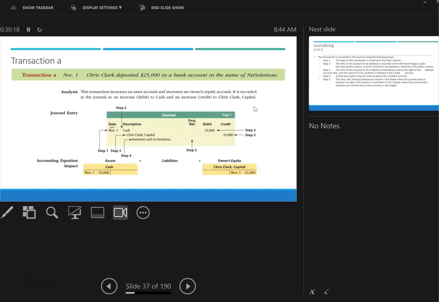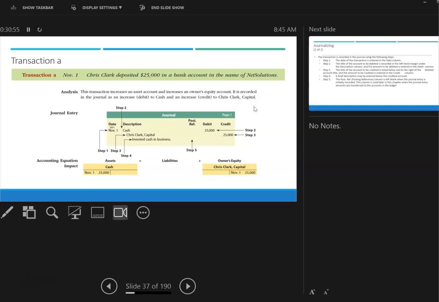But to post or journalize this transaction, we are going to show how cash is increased. This transaction increases an asset account called cash, and it increases an owner's equity account called Chris Clark Capital. To put it in journal form, we're going to show the date, November 1st. We're always going to record the debit side first.